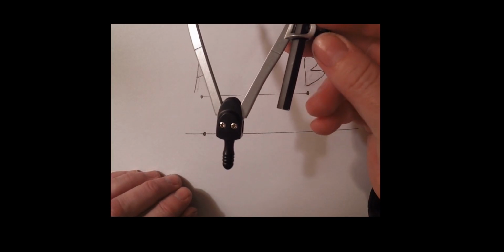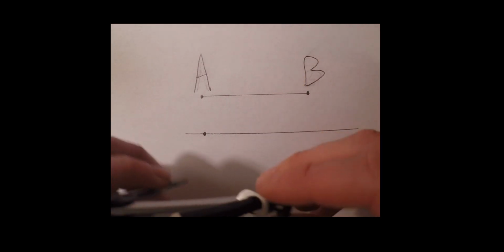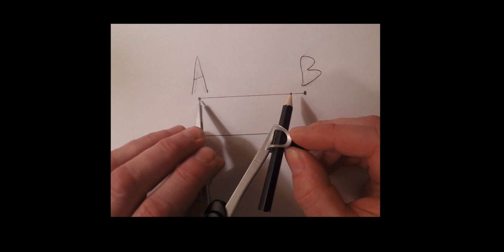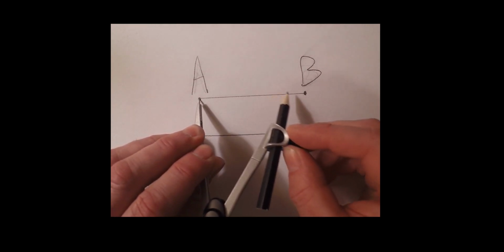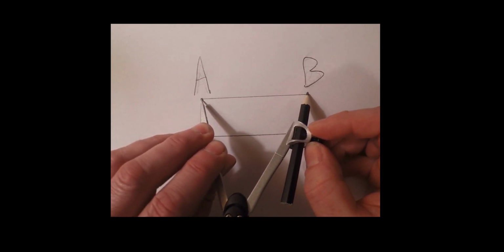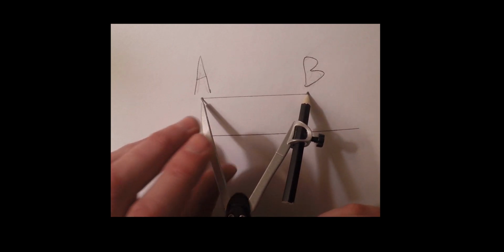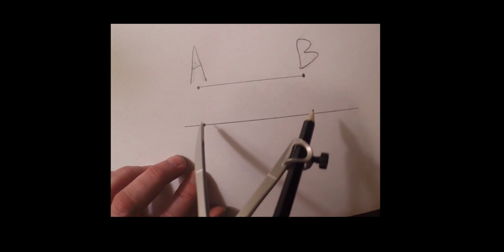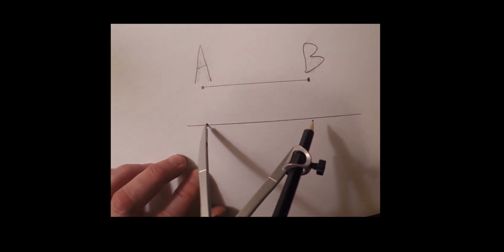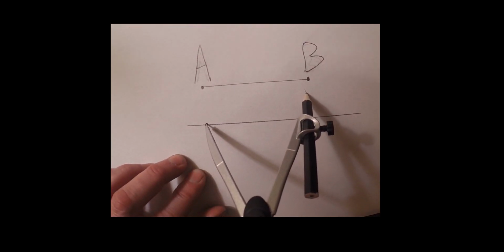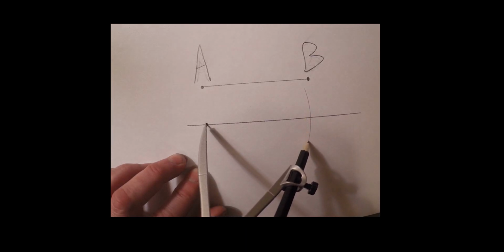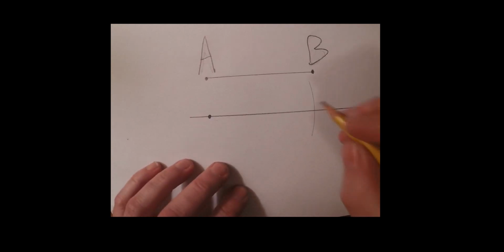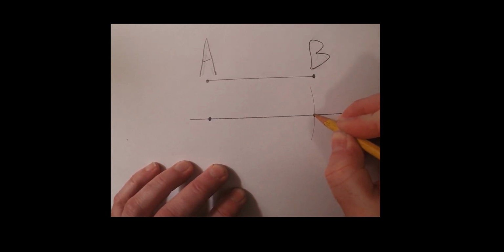And then we're going to take our compass and position it on A and extend the pencil to B. And then we're going to keep that setting and hold the compass up at the top so we don't interfere with the setting of the compass, and position the compass on that point, make an arc that intersects the line. And we're going to mark that intersection point.